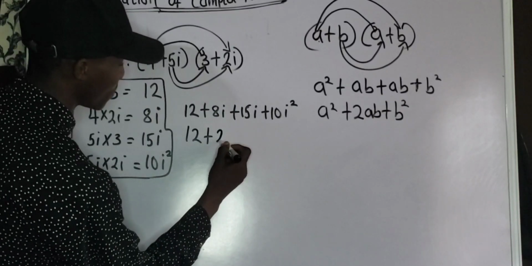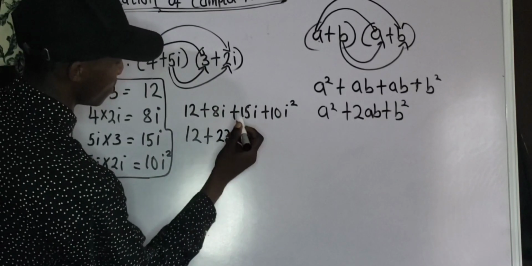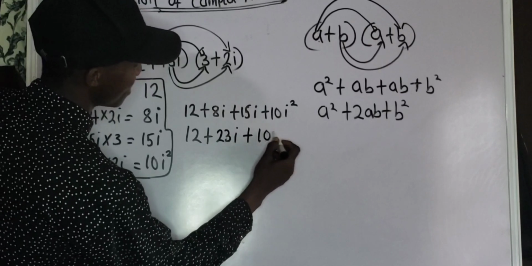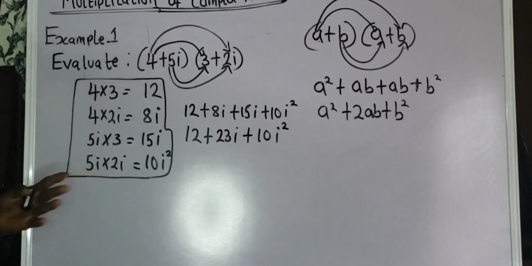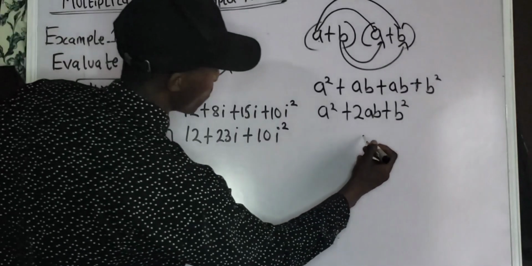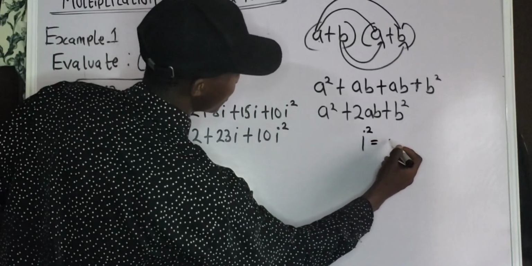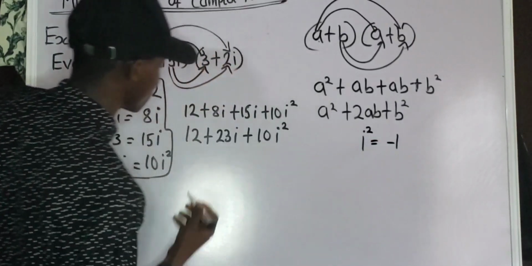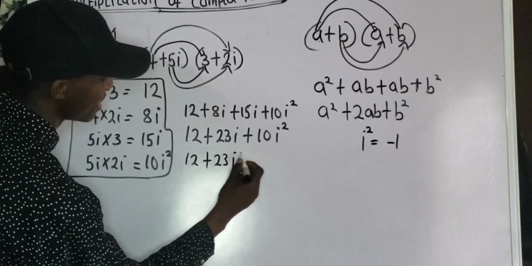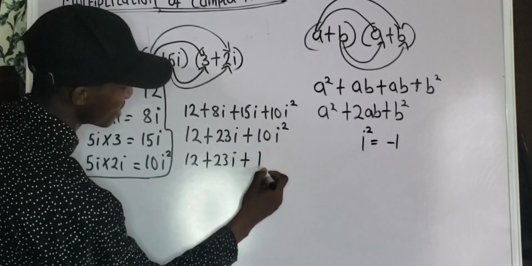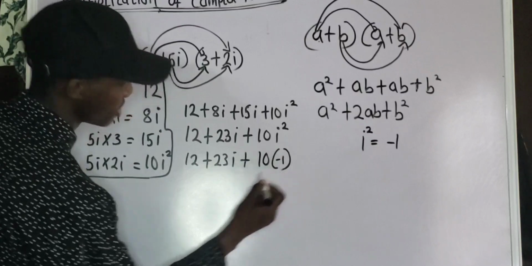So I'm going to have 23i plus 10i squared. Okay, don't forget that we have already done the powers of imaginary units. So i squared is the same thing as what? Minus 1. So let us proceed. For this, I'm going to have 12 plus 23i plus 10 into bracket minus 1.